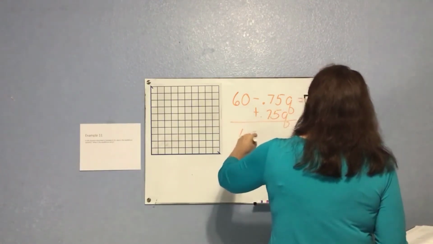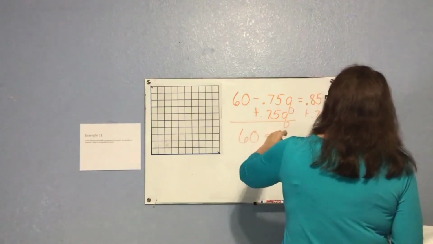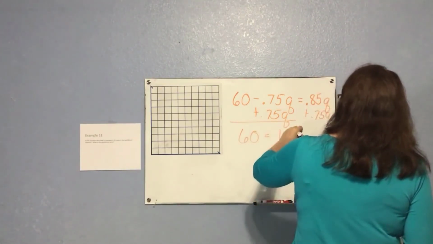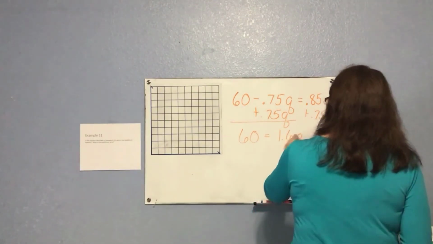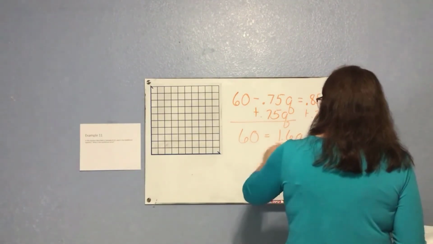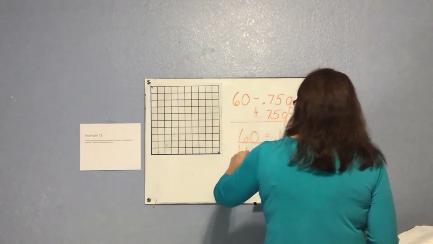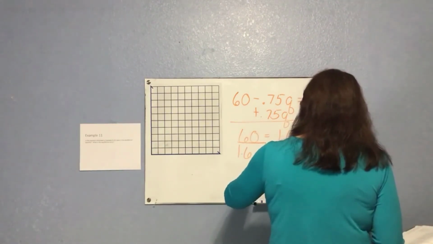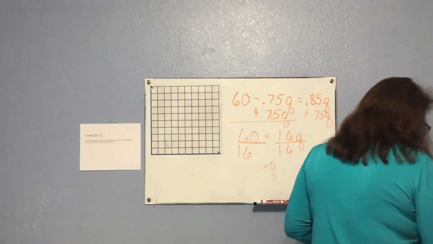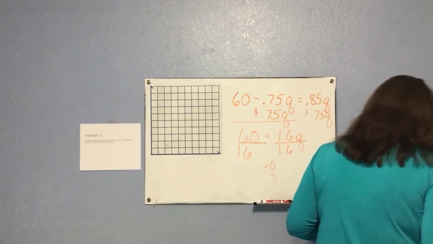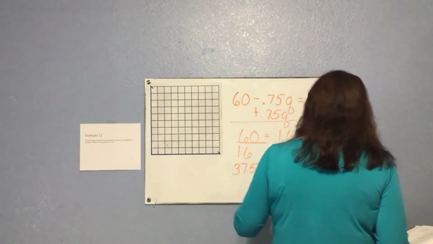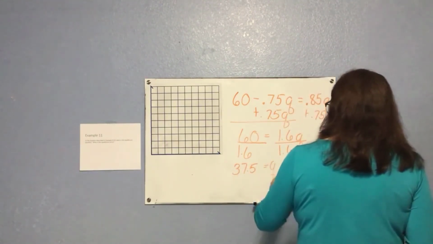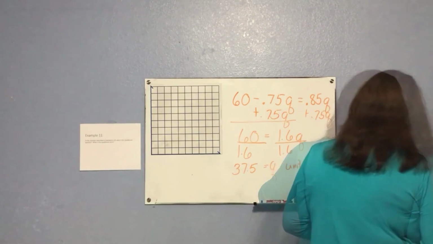I have 60 is equal to 1.6 Q. And then when I divide by 1.6, I get that Q is equal to 37.5. So my quantity is 37.5 units.